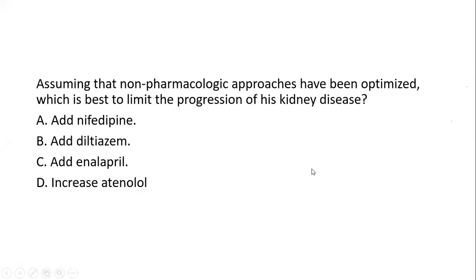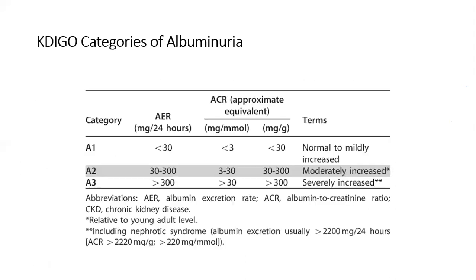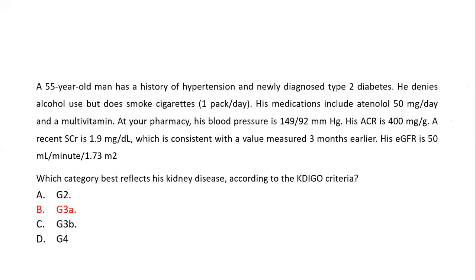Okay. So coming back to the case, assuming that non-pharmacologic approaches have been optimized, which is best to limit the kidney disease? So for this patient, if we can just go back and see, he has a blood pressure currently of 149/92. He has diabetes and his albumin to creatinine ratio is more than 300.